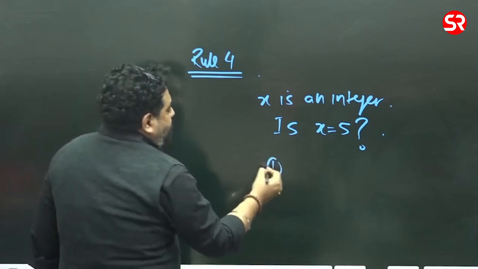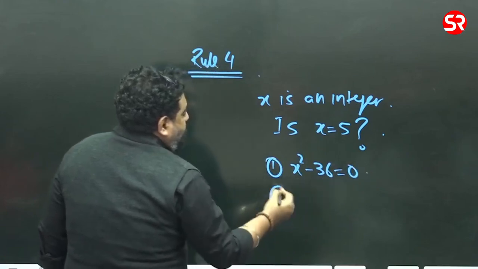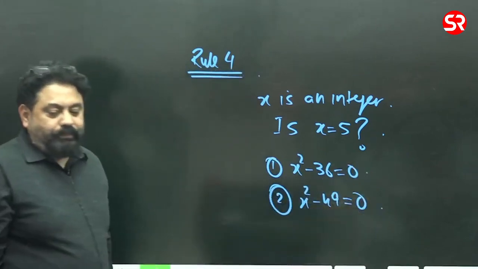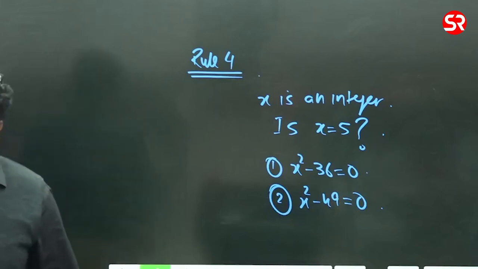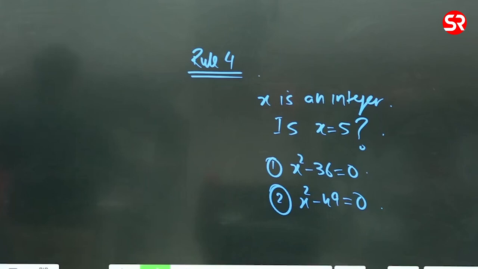Statement number 1, x square minus 36 is equal to 0. Statement number 2, x square minus 49 is equal to 0. What's your answer? आंसर क्या है 1 2 3 4 में से, सिंपल.